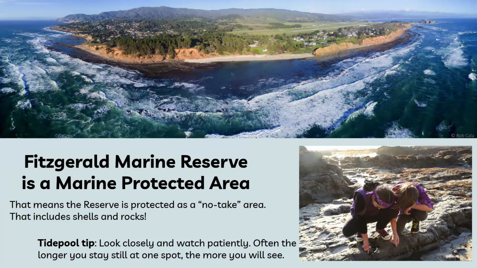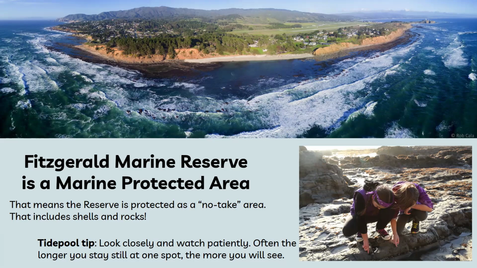And the person who owned the restaurant stated he could go out and collect 50 abalone in a matter of half an hour. And that is definitely not the case anymore. I've seen abalone maybe a couple of times when I went out tide pooling. So you really cannot see that anymore. So the populations of the species have definitely changed over time, but this area is now completely protected.